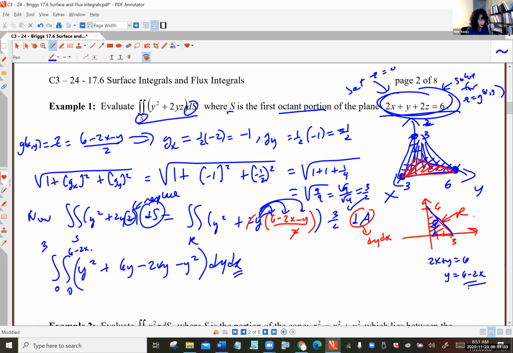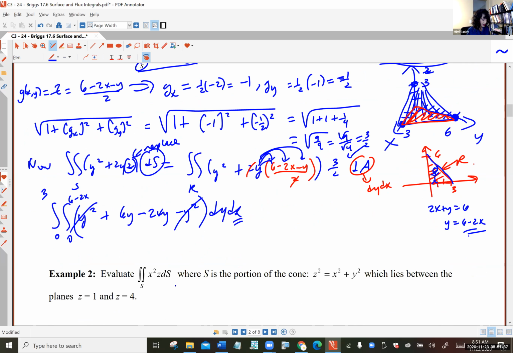for this double integral. Now, good news, these y squareds cancel. Sweet. And then I also have this 3/2 I better worry about. Let me just put him in the front because he's kind of bothering me. And then I only have to integrate 6y minus 2xy with respect to y. And let's see, what do I have here? 3/2 integral.